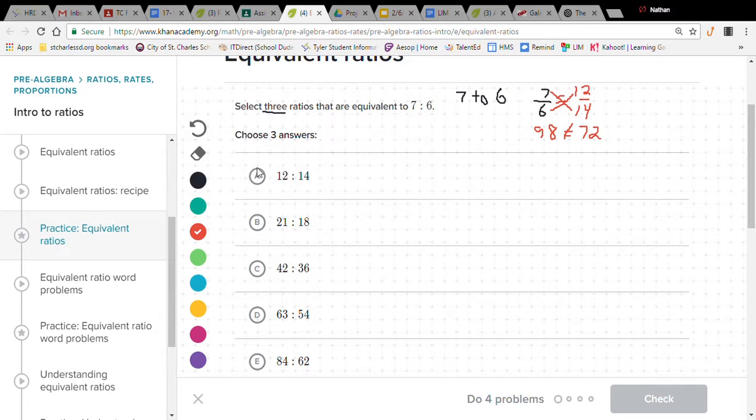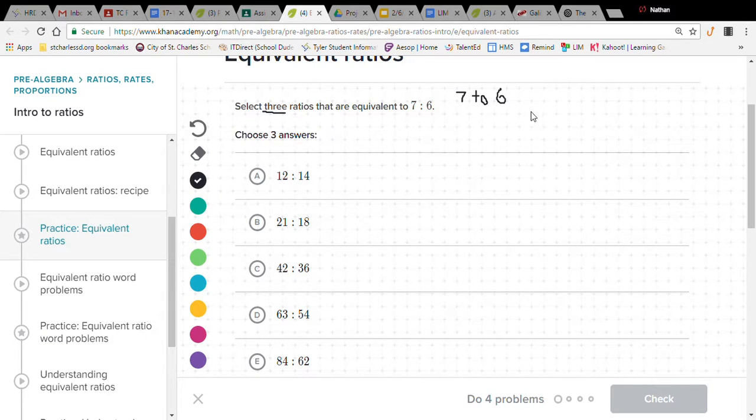So we can rule out this one here. Unselect that one. Okay, so it's not 12 to 14 because when you cross multiply, 98 is not equal to 72. All right, so erase that.